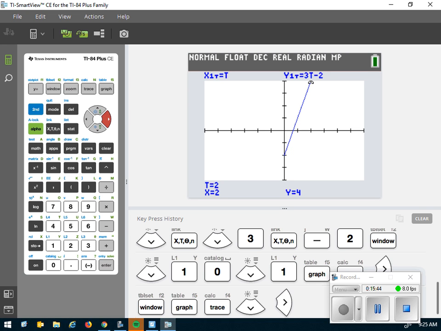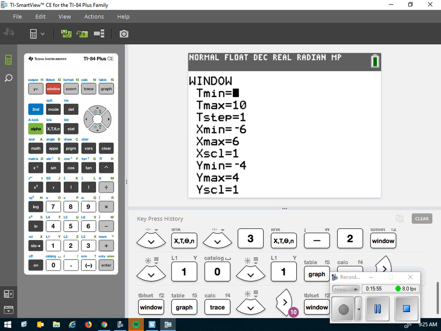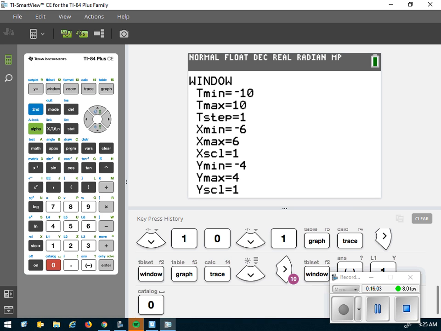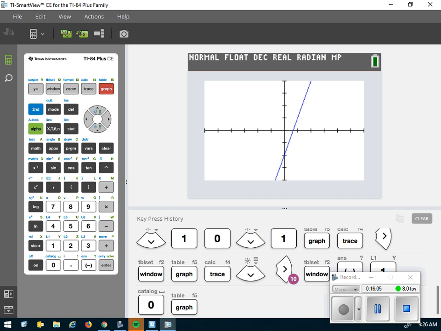Now, I went all the way to t equal 10, and notice it won't go past it because I set t from 0 to 10. Okay? Are you all right? If I had done this, it would have graphed more of the line. Okay.